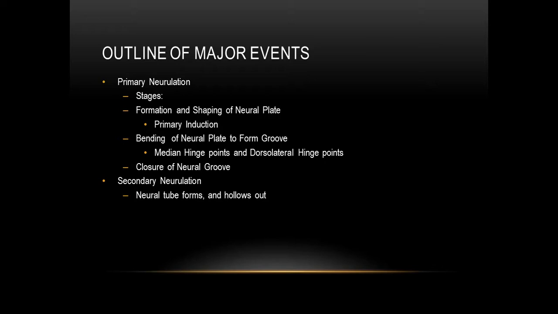differ in terms of cell behavior and tissue and cell reorganization. In primary neurulation, primary neural induction, there are a variety of stages that we can appreciate, from neural plate thickening to the closure of the neural groove, giving rise to the neural tube. So these stages are defined as formation of the neural plate and shaping of the neural plate cells, also known as primary induction.